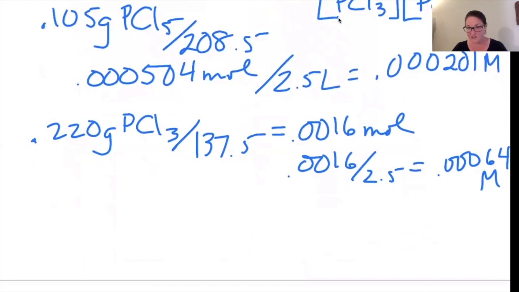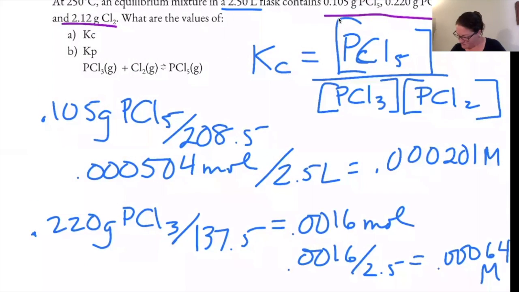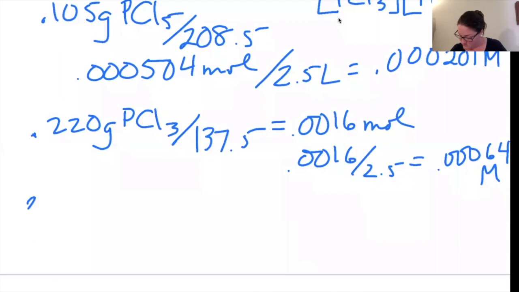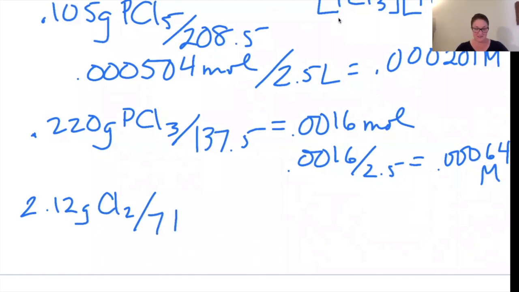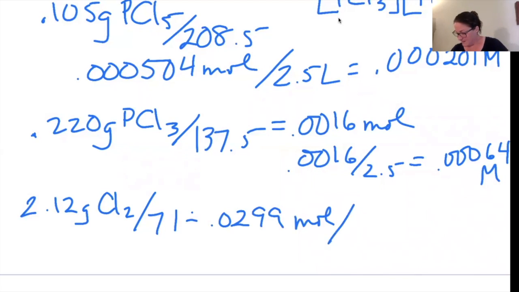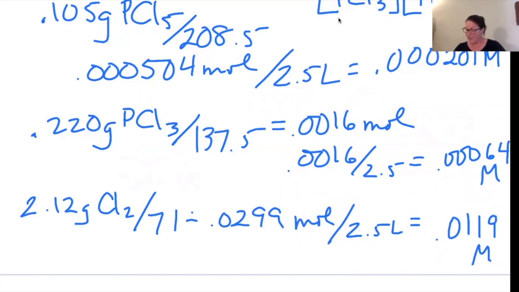All right, for the Cl2, we have 2.12 grams. The molecular weight of Cl2 is 71. 2.12 divided by 71 gives 0.0299 moles, divided by 2.5 liters to get molarity, 0.0119. I have each one of the molarities.